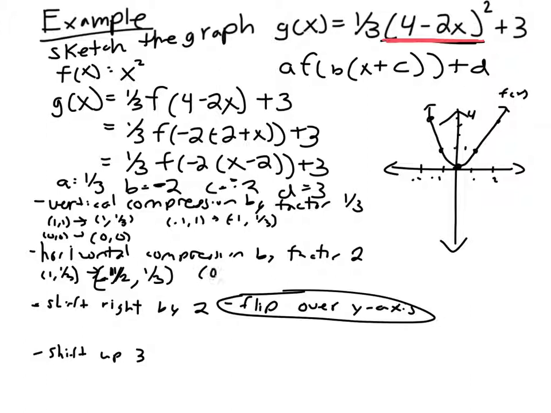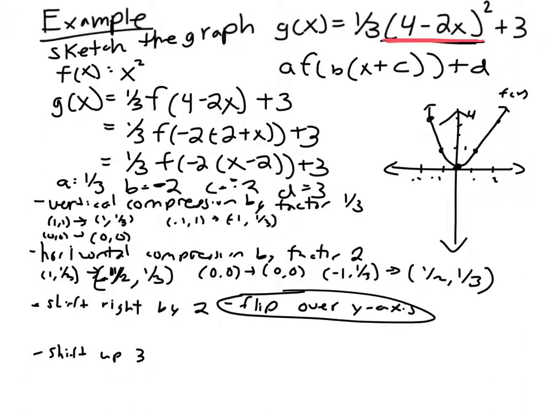Then my next point, 0, 0, just stays the same. If I multiply the x component by 1/2, nothing happens. And then the last one, if I want to do the -1, 1/3: the -1 is going to go to, so -1 times -1/2, that's going to be positive 1/2 and 1/3.